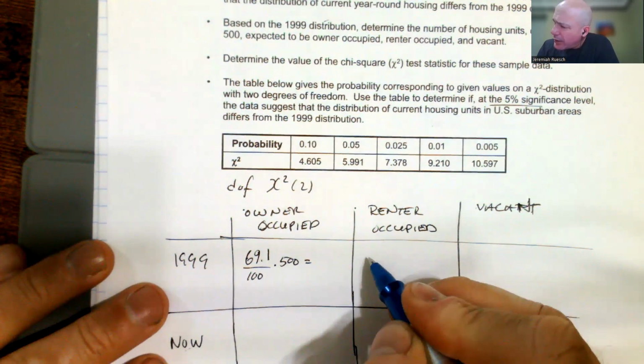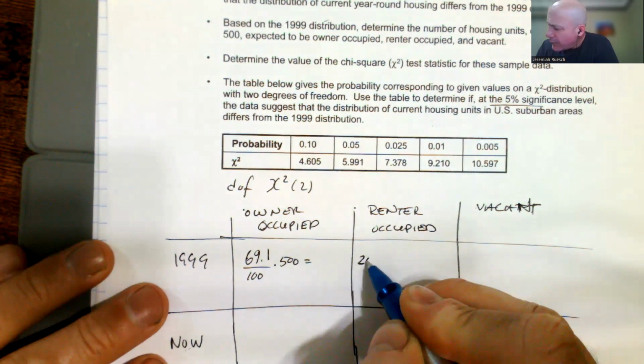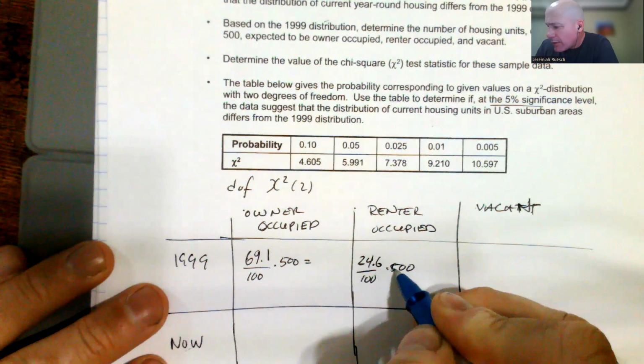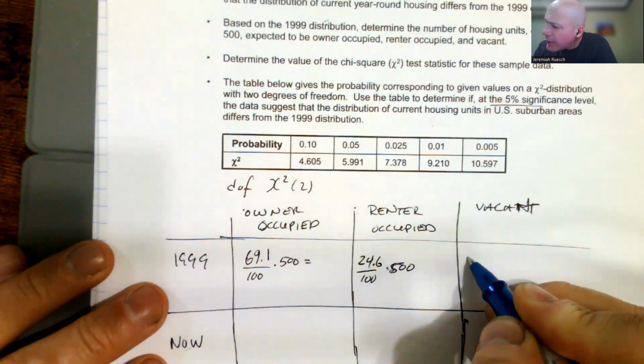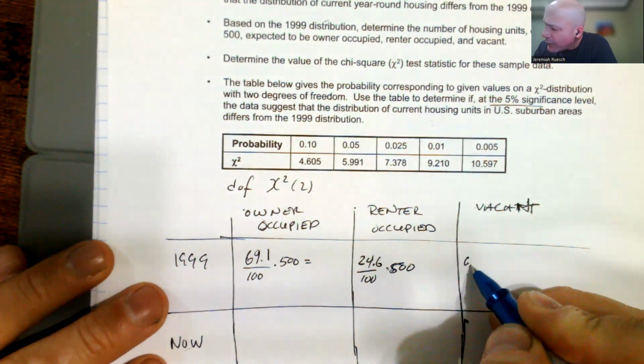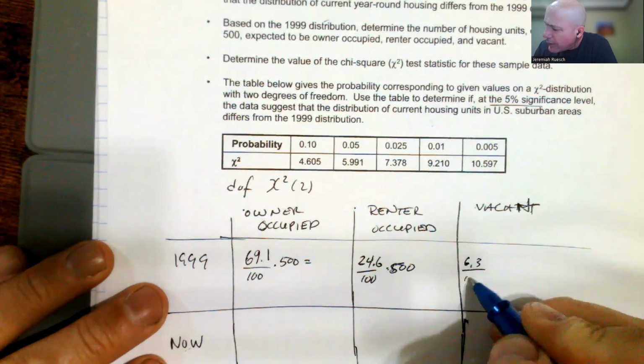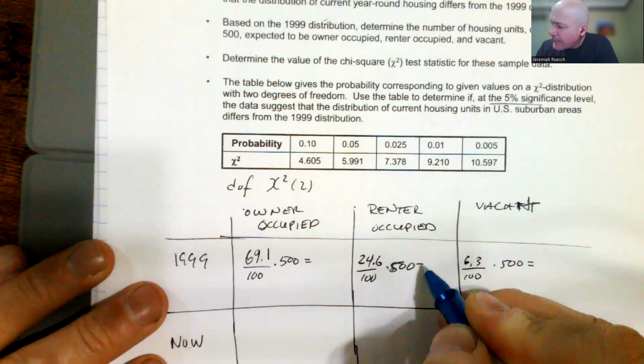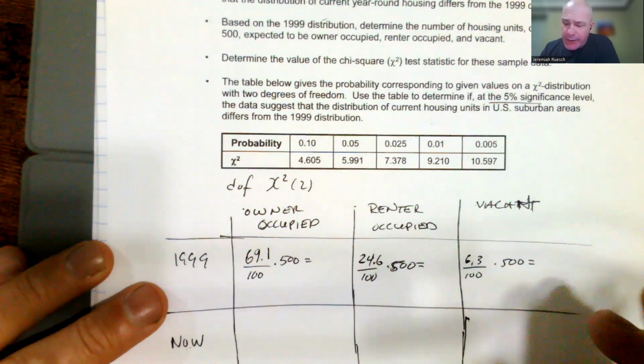Then you had 24.6 over 100 times 500, and then 6.3 divided by 100 times 500. We'll need to calculate each of those values.